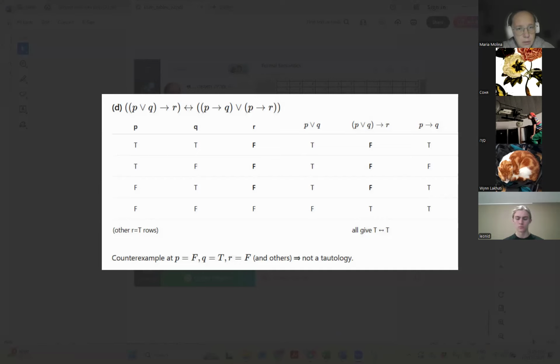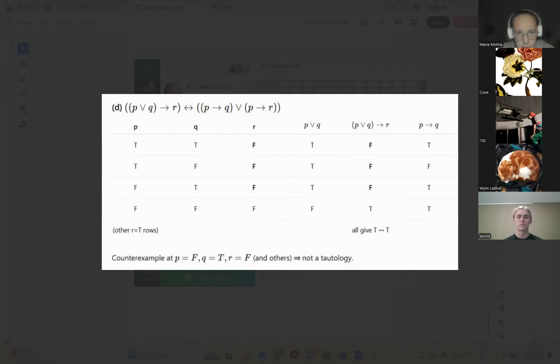Can you explain to me the first line of this table? The first line? Okay, P is true and Q is true. Why is R false?